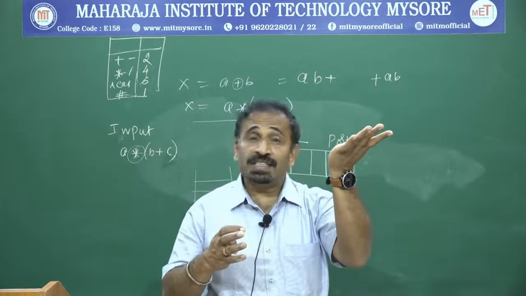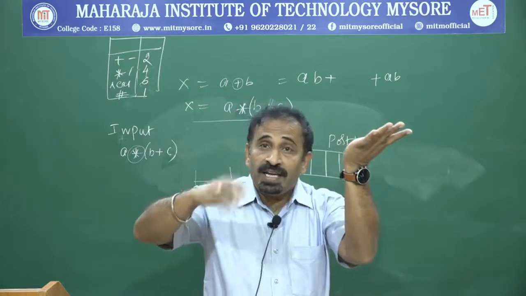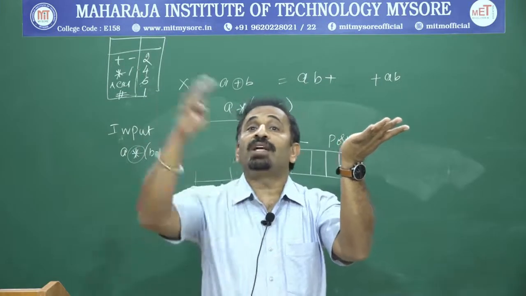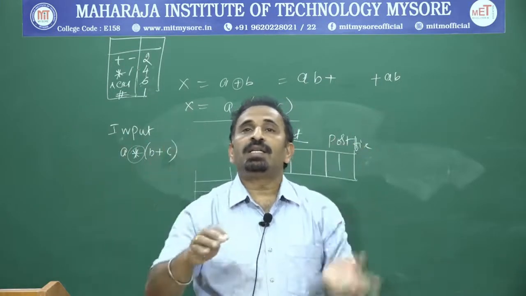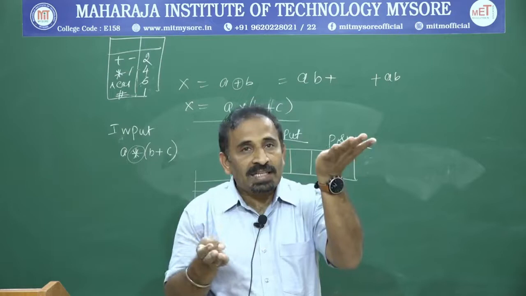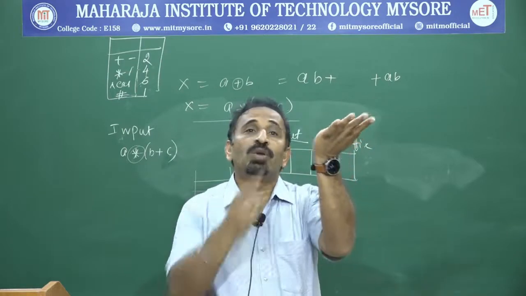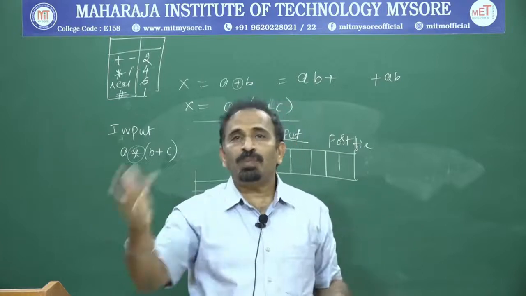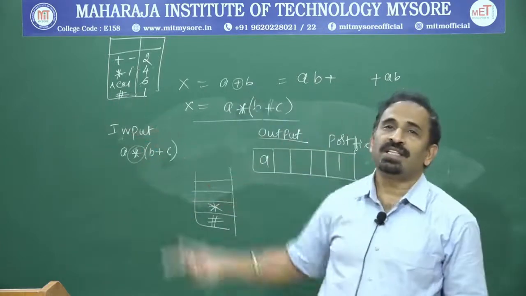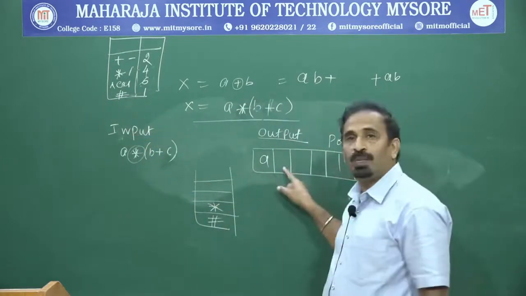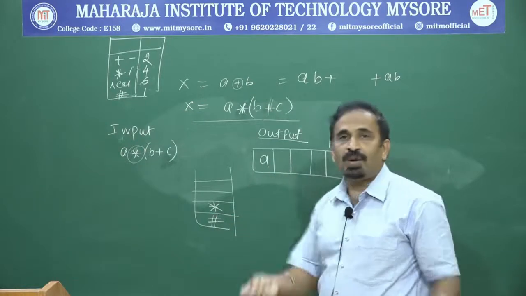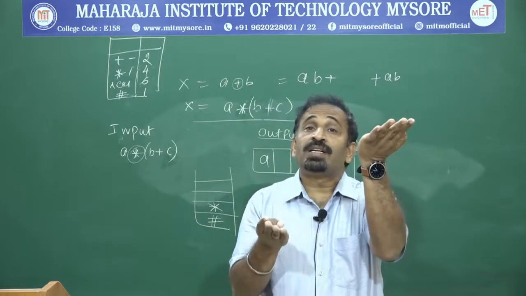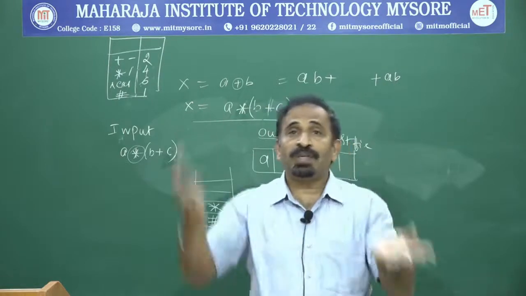If that is the case, take out elements from the stack till the stack top precedence is lower than this. When you take out an element from the stack, you put it to the output. Transfer it to the output till the stack top precedence is lower, not even equal, it must be lower. So keep removing the elements.